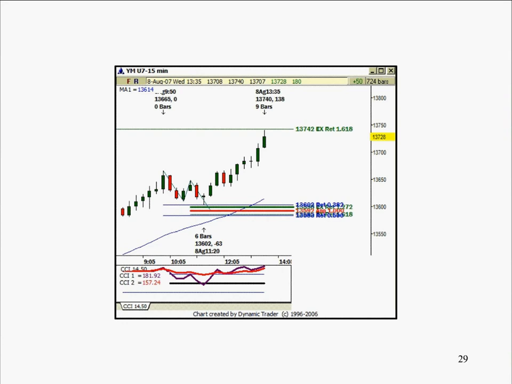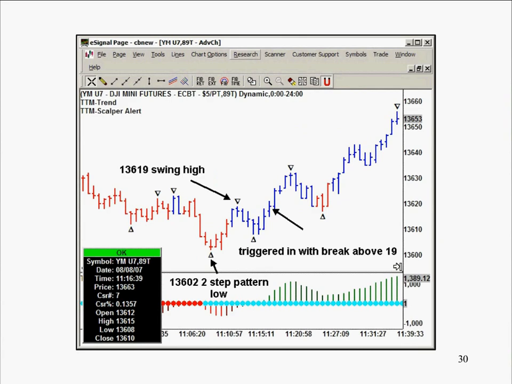You're pretty much guaranteed to get into a trade setup close to the zone. Okay, so here the actual low is made at 136.02. Now you could use the prior swing high over here, but you had a new one develop here, so this would have been the closer entry.